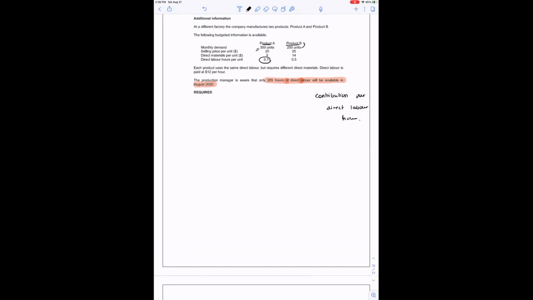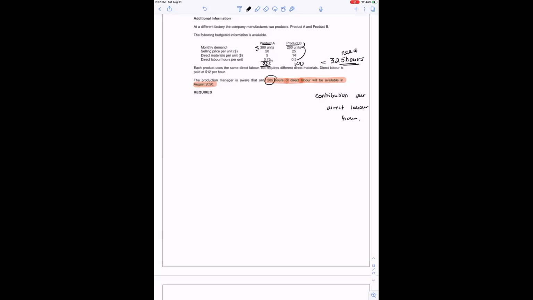Let's see the labor hours required to produce product A. 300 units into 0.75, you need 225 hours. And if you're producing full capacity product B, 200 into 0.5, it is giving you 100 hours. So if you have to produce at full capacity, you need 325 hours. But you have only 285 hours.